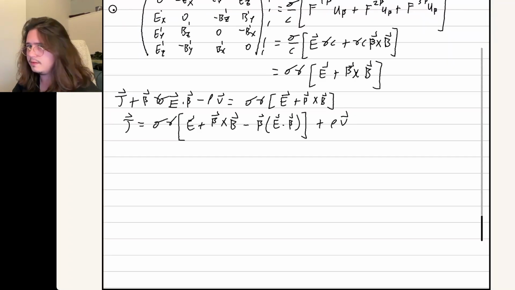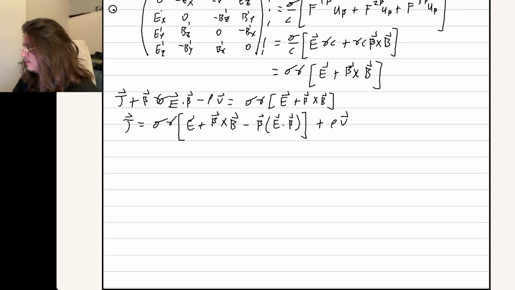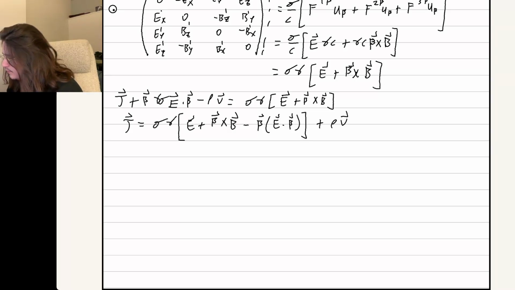Then the next bit is talking about what happens if we let the charge density in the rest frame go to 0. So what is actually the charge density for the moving frame? That's kind of interesting.